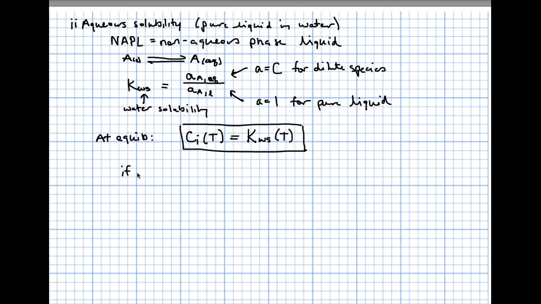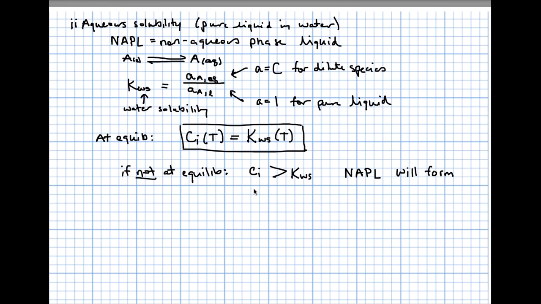So if the system is not at equilibrium, and the concentration of the species is greater than the water solubility constant, then that means the system is supersaturated with respect to the compound, and so some of the compound will leave the aqueous phase and a NAPL will form.